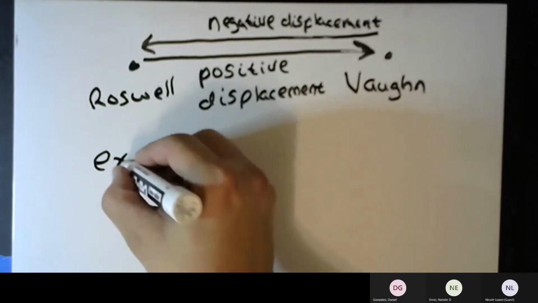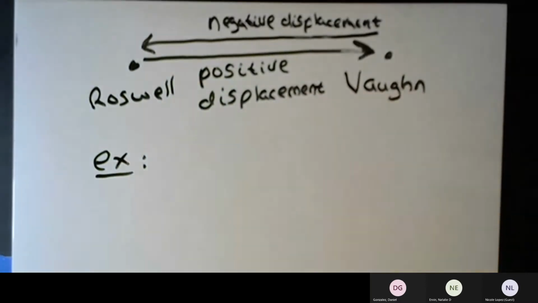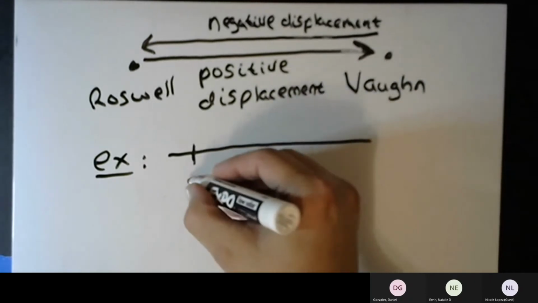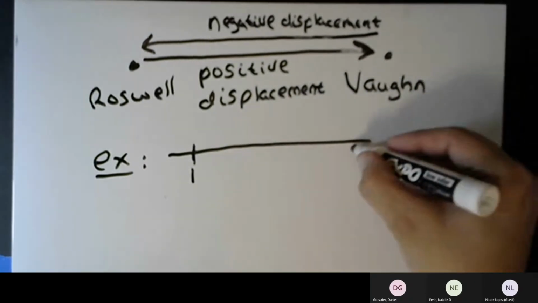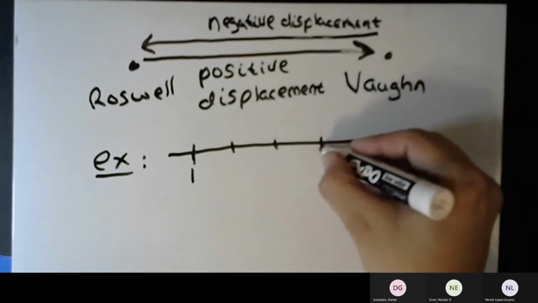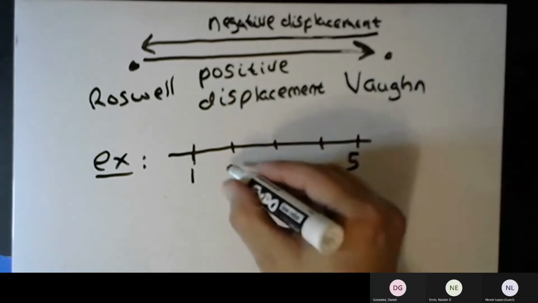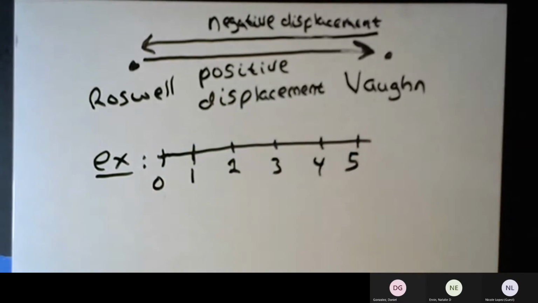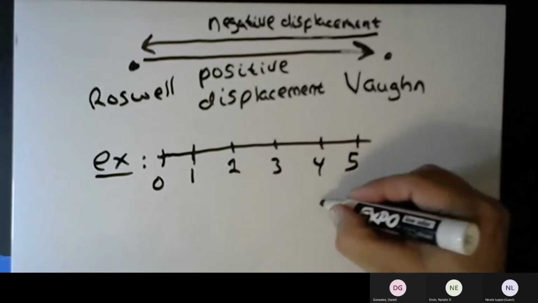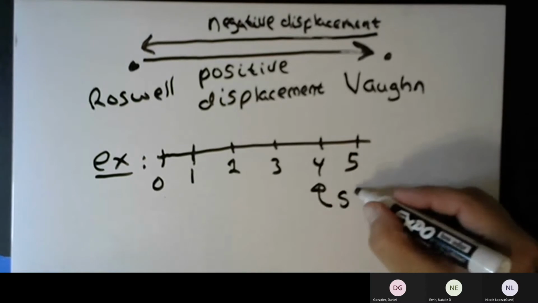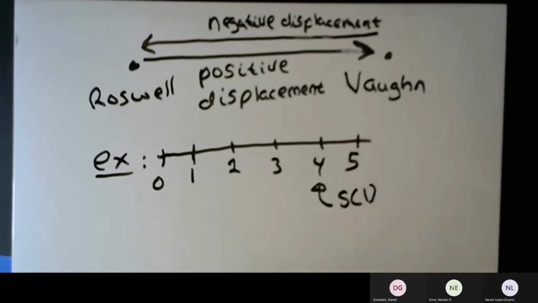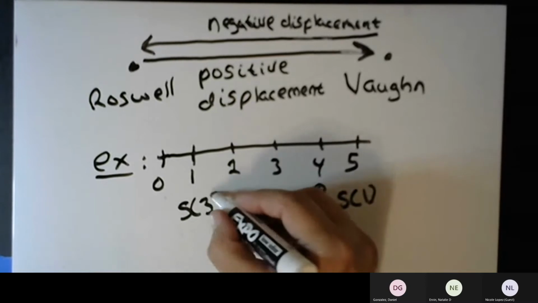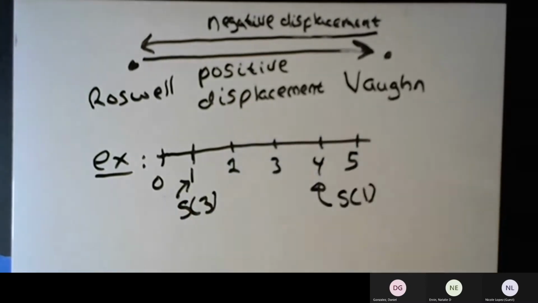So for example, let's say we have our number line. And here we are at position 1, and this would be, let's see, 2, 3, 4, 5. And we'll put a 0 over here. And let's say at time is 1, we're at 4, but at time is 3, we've gone backwards to 1.